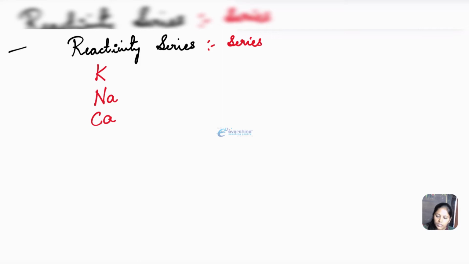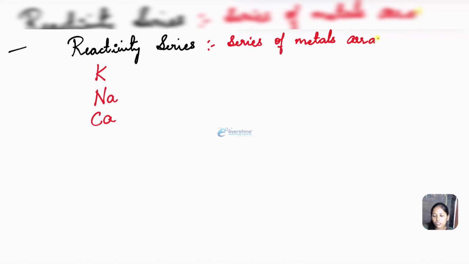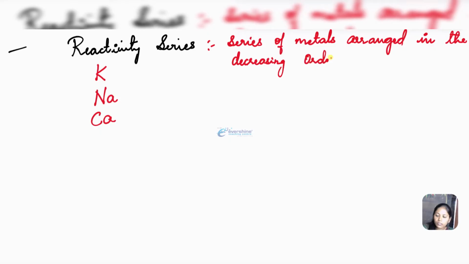So what do you mean by reactivity series? It is a series of metals arranged. How is it arranged? Arranged in the increasing or decreasing? Decreasing order of reactivity. Okay, so I'll write one by one.